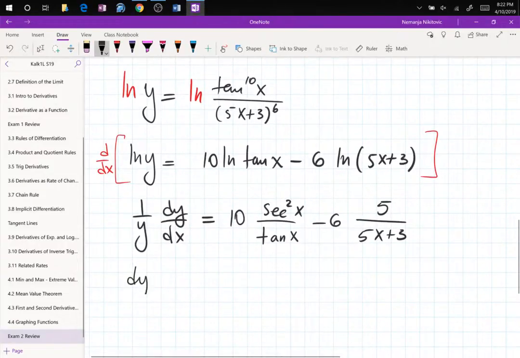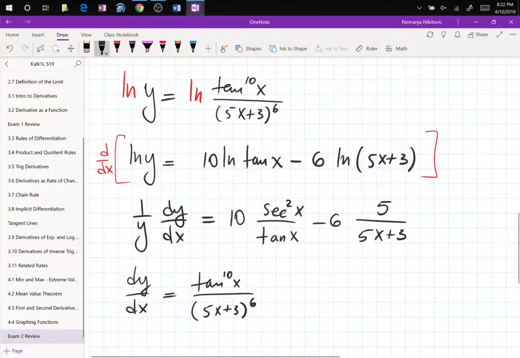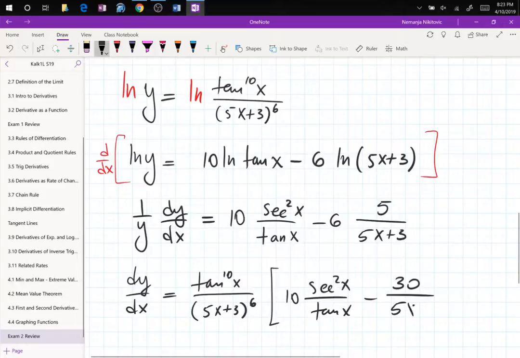So now I have dy dx, and I am moving this y, which was in denominator, to the other side, and that y was the original function that I was looking for. So I'll copy that in. And now that is times, and I have 10 times secant squared x over tangent x minus 30 divided by 5x plus 3.